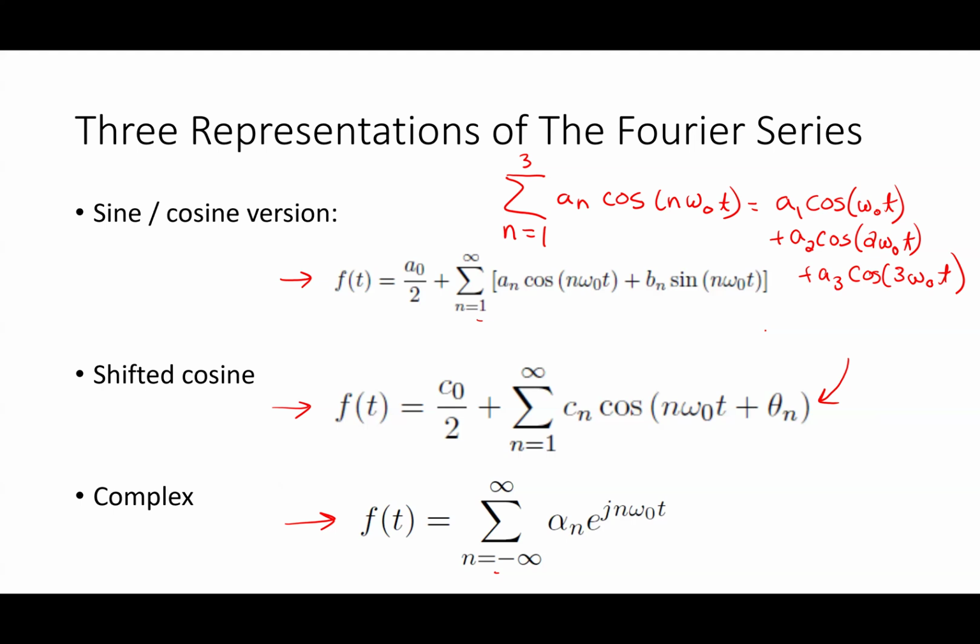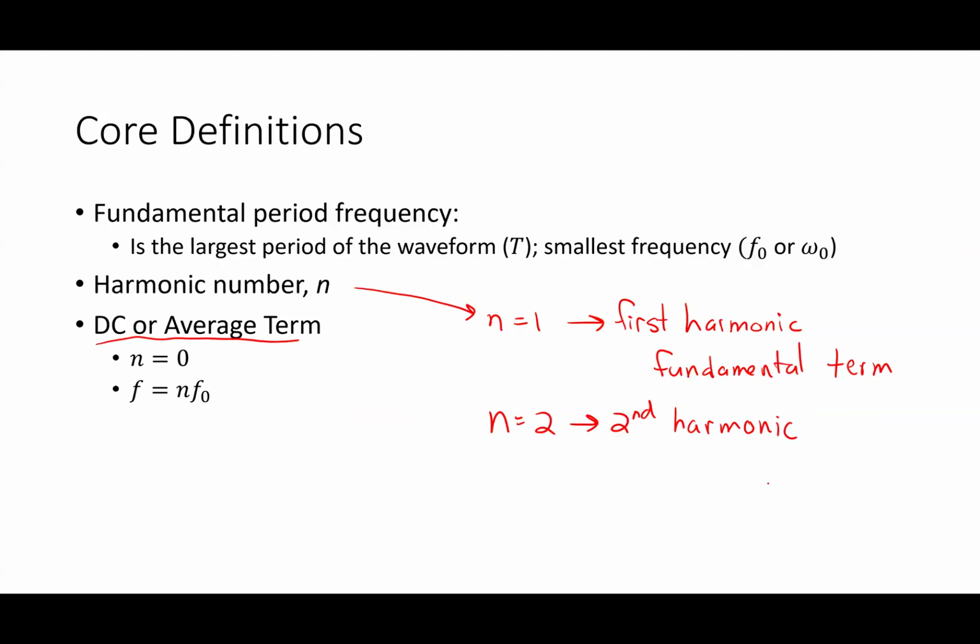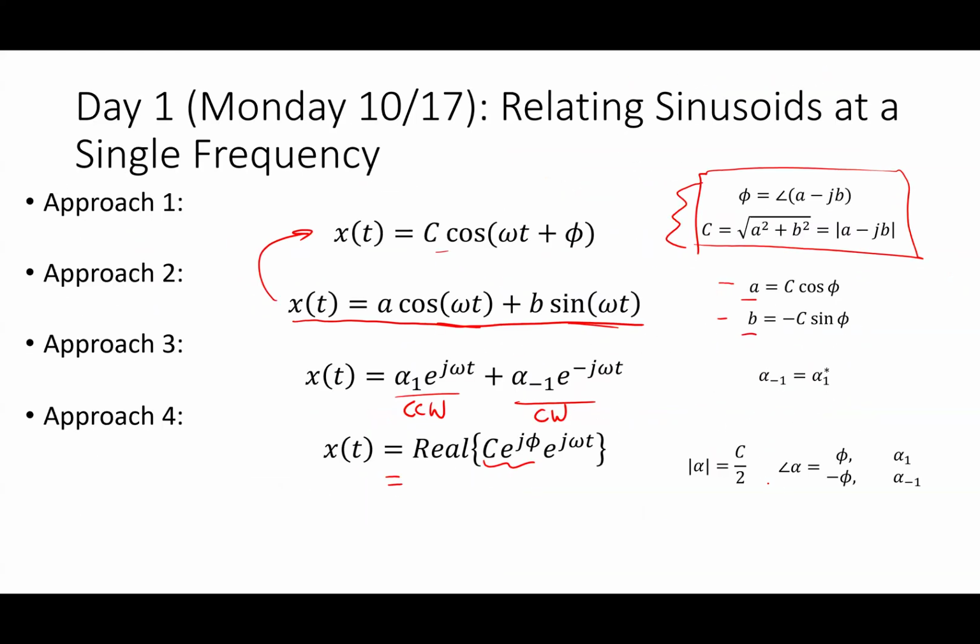The good thing is that alpha 1 and alpha minus 1, we said, are always conjugates of each other. So if I go back to these relationships, alpha minus 1 is always the conjugate of alpha 1. So their magnitudes are the same and their angles are opposite.